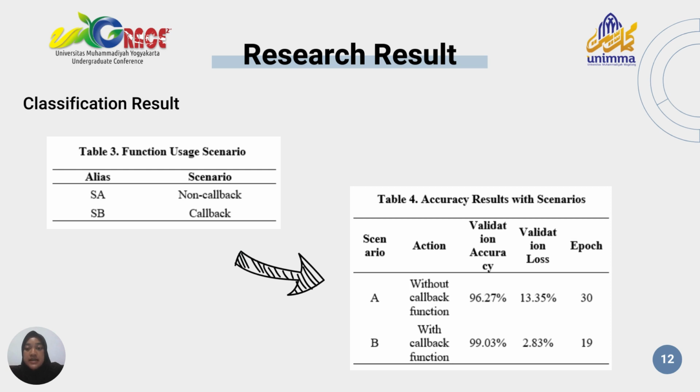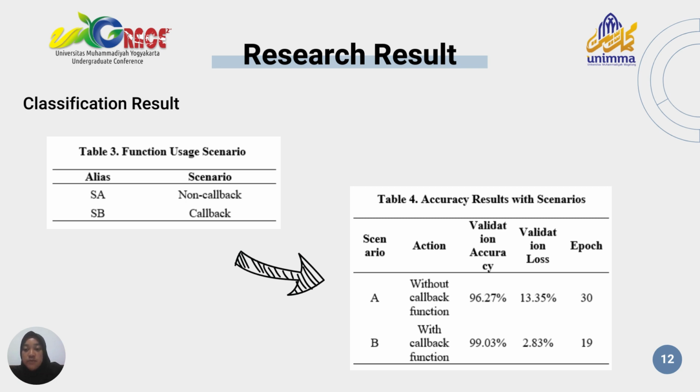Table 4 shows the SA training process where the model stopped at the 30th epoch. This shows that the model is updated 30 times after going through all the training data, until the validation accuracy is 96.27% and the validation loss is 13.35%.